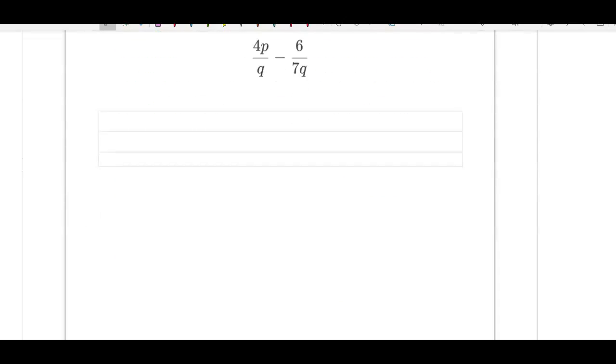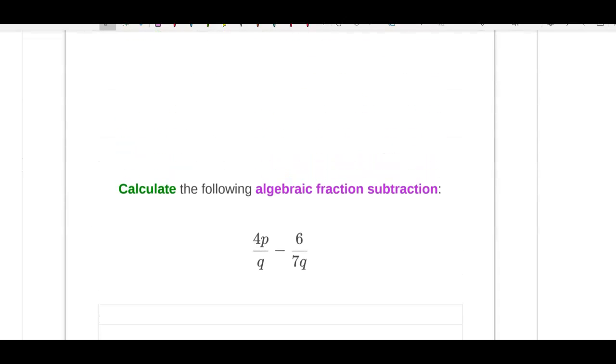And you should be able to do the rest of them. Let me do this one quickly. Q times 7Q, that gives you 7Q squared.